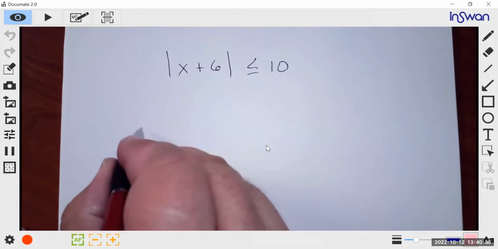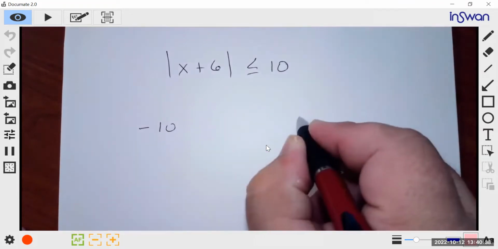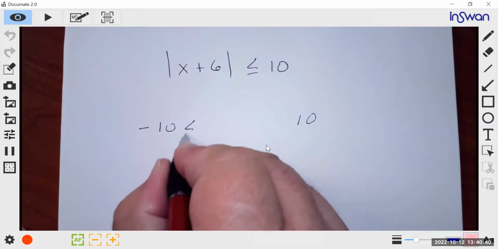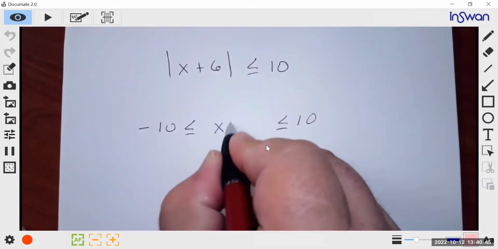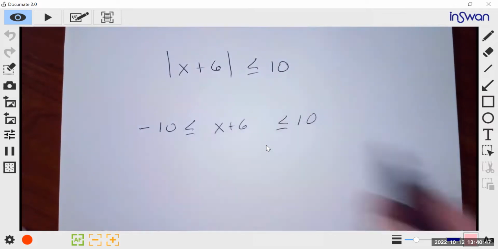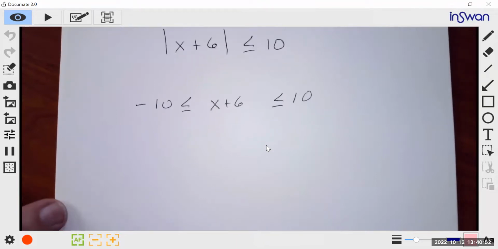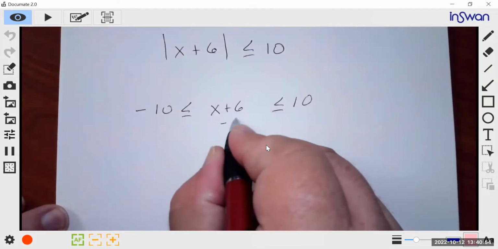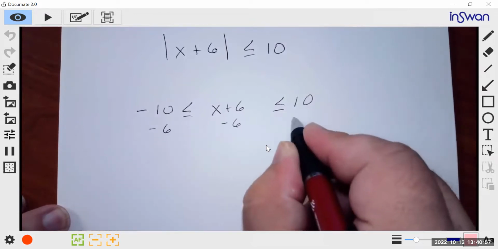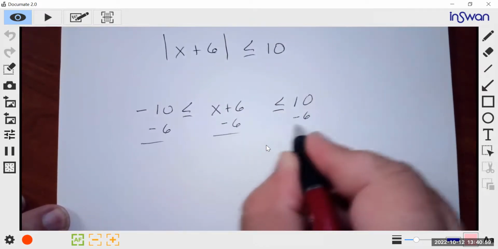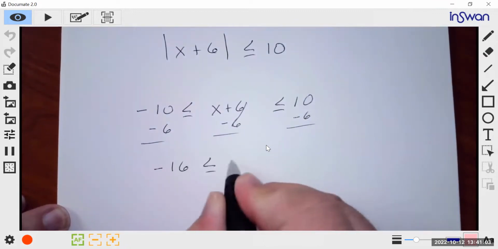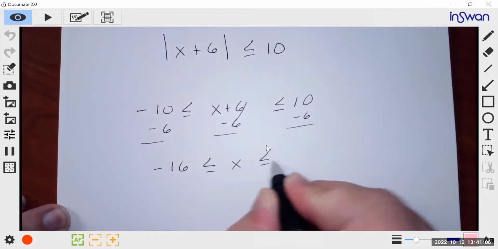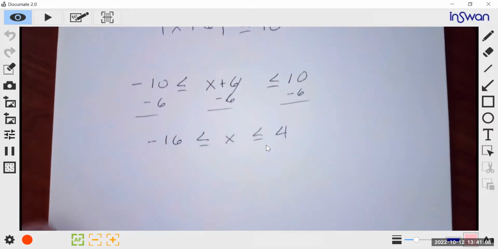Positive, negative. Yeah, it has to be between positive and negative 10. So whatever's inside the parentheses goes to both sides because it's less than. If it's greater than, it's a different picture. Subtract 6 from everybody. Negative 16 is less than or equal to x, is less than or equal to 4.